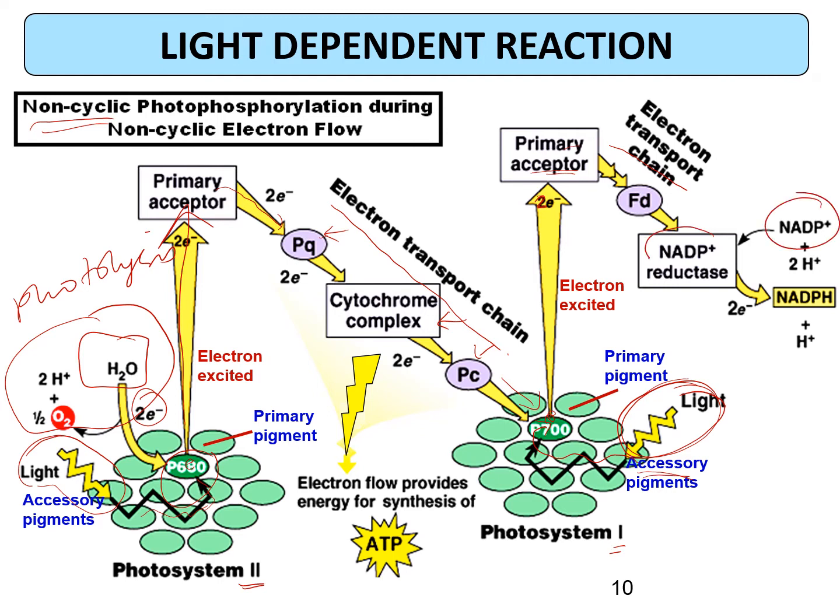This is the enzyme that will catalyze the transfer of the electron to the NADP+, and at the same time NADP+ will receive a proton and form NADPH. During the flow of the electron through the electron transport chain, photophosphorylation occurs that produces ATP.